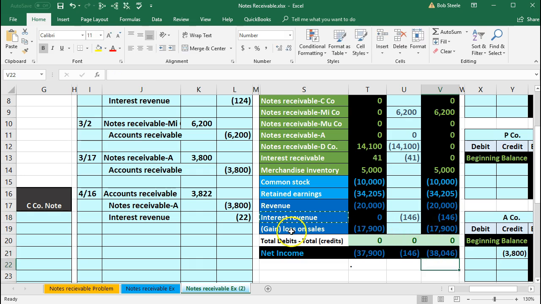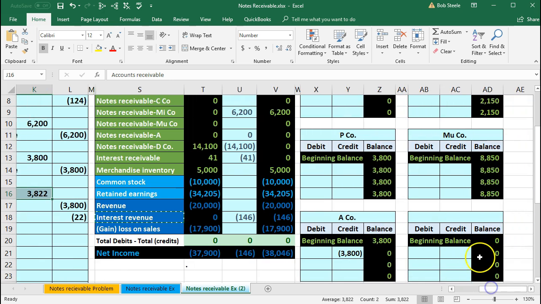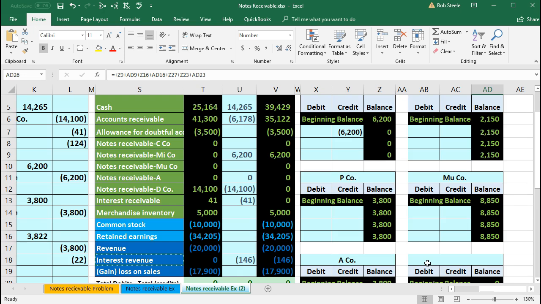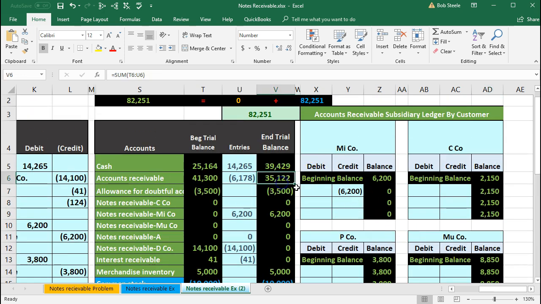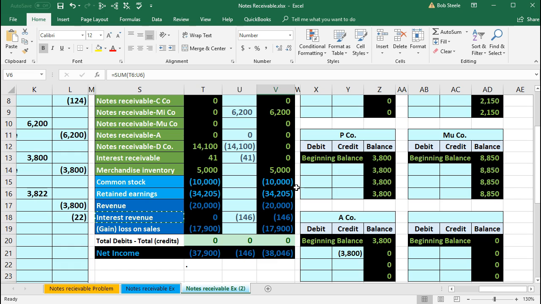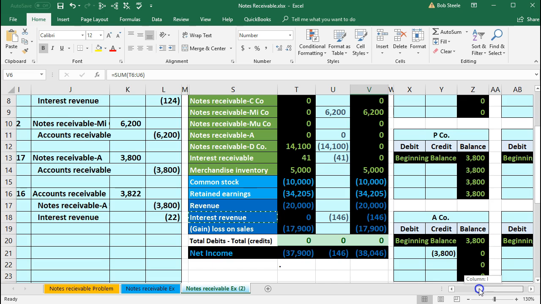Okay, so now we're going to record the same amount for the accounts receivable in the subsidiary ledger. So the subsidiary ledger, in other words, is out of balance. It's red, 31.3, not matching the 35.122. It should be matching, and therefore we're going to record this amount for A company.